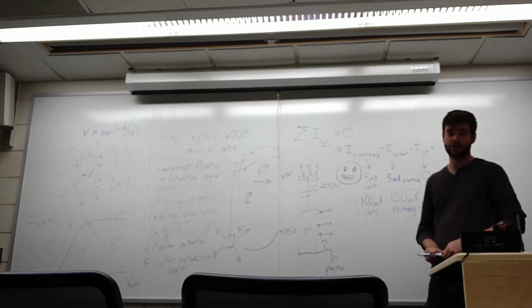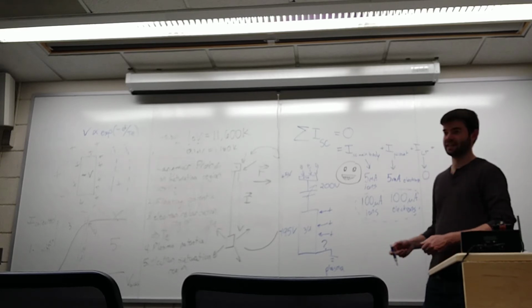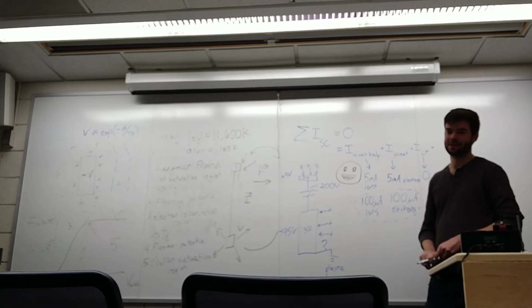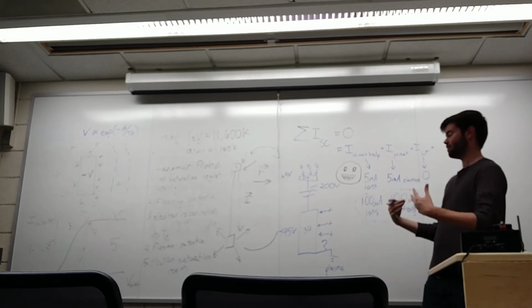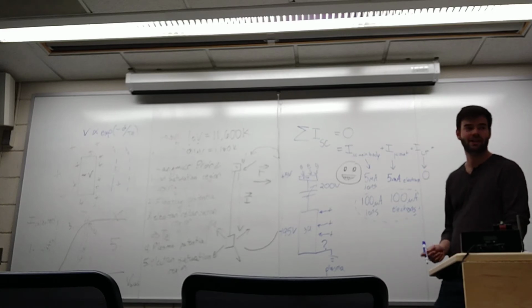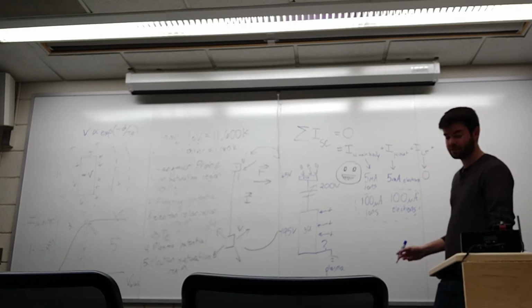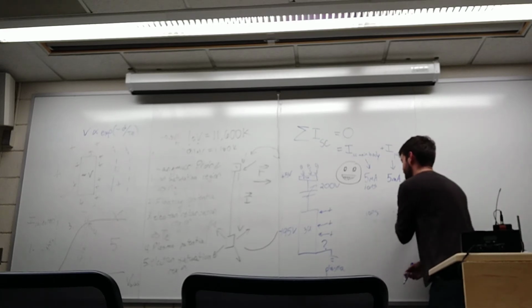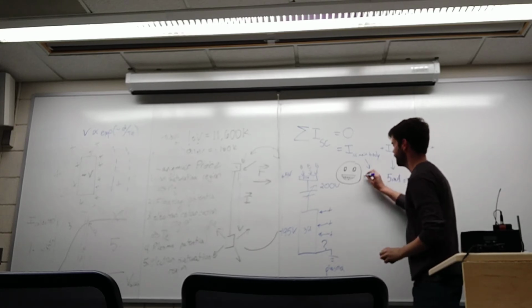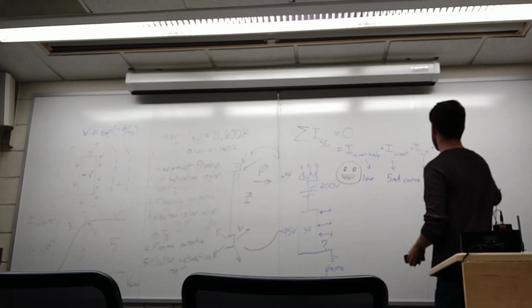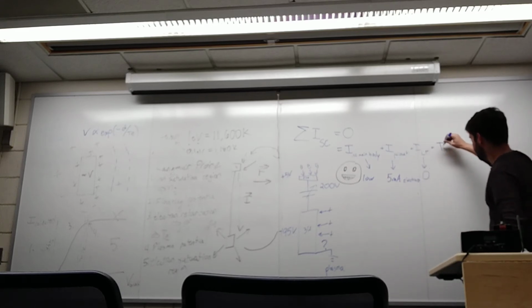And one way that you can get enhanced ion collection is by not collecting ions but emitting electrons. Emitting electrons, getting rid of your negative charge, is the same as collecting positive charge from a current standpoint. So to remedy this situation, we add another current term.